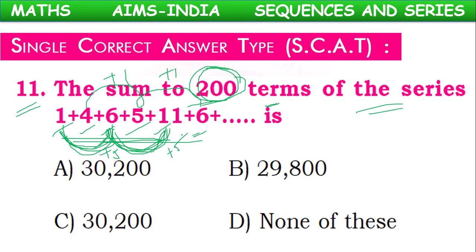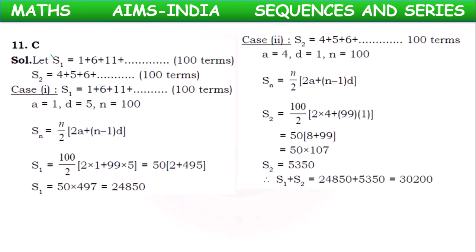Let's separate them. Let S1 be the odd number of terms, 1 plus 6 plus 11, 100 terms. S2 is the even number of terms, 4 plus 5 plus 6, 100 terms. Let's calculate each sum separately.